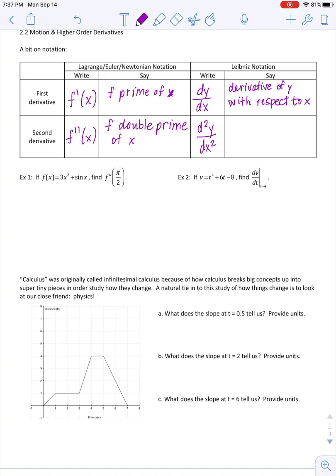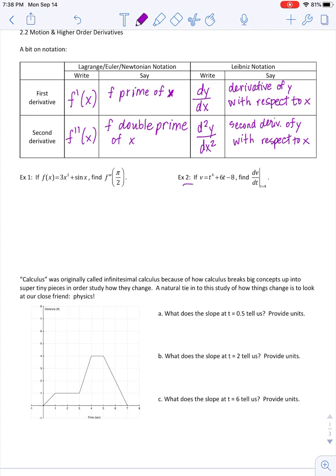So we would say this is the second derivative of y with respect to x. There's a power of 2 in both places, but it just means to take the second derivative. You're not changing x in any way there. We'll talk about what that "with respect to" means once we get to example 2.